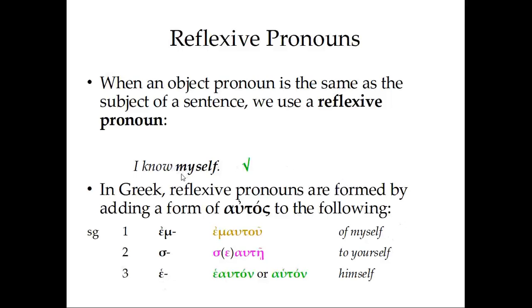So what would the Greek equivalent of "I know myself" be? Well, the verb, of course, is ginosko, and it would be ginosko emauton. This verb would take a direct object, so we have the accusative, and since it's myself that I know, I start it with the first person singular, em auton. Em, my, auton, self.